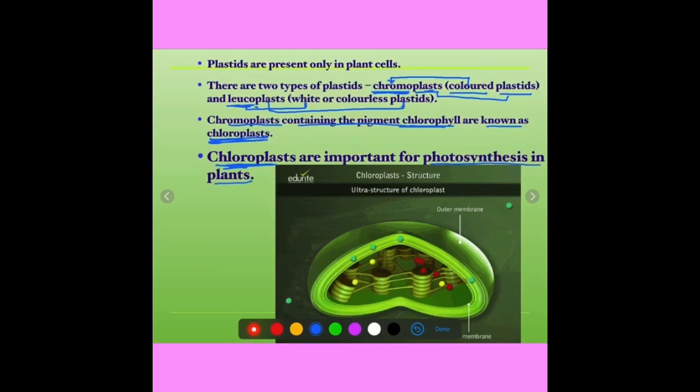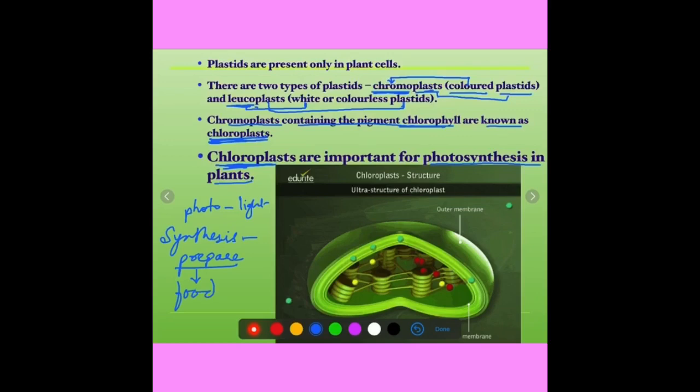What is photosynthesis? Can you tell me? Yes, photo, as the name signifies, photo means light. And what does synthesis mean? Synthesis is to produce, so prepare. So by use of light, they can prepare what?